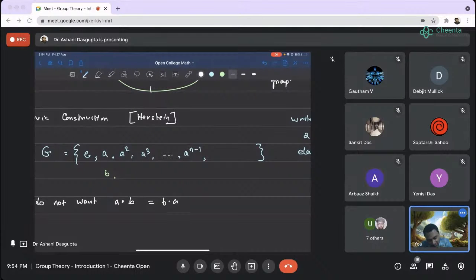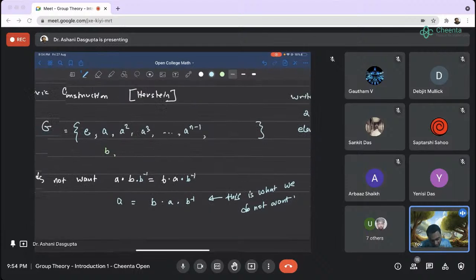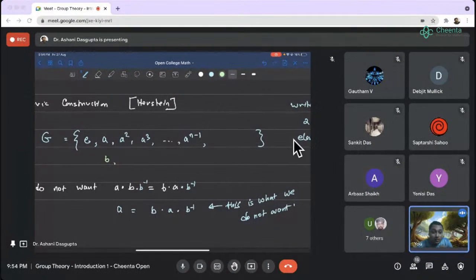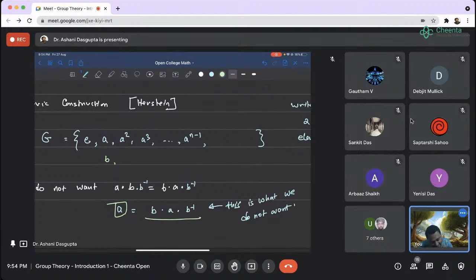So to do that, we will be using a very interesting kind of method. Let's multiply b inverse on both sides. This is what we do not want. So what we will do is create a rule by ourselves. We don't want this to be a, let's have this one equivalent to a inverse.